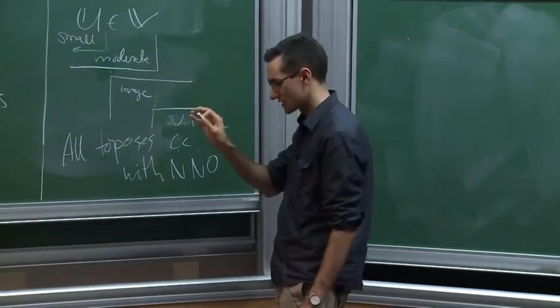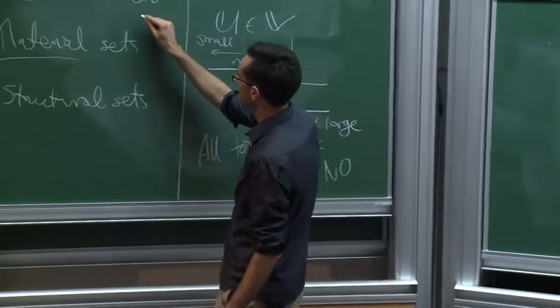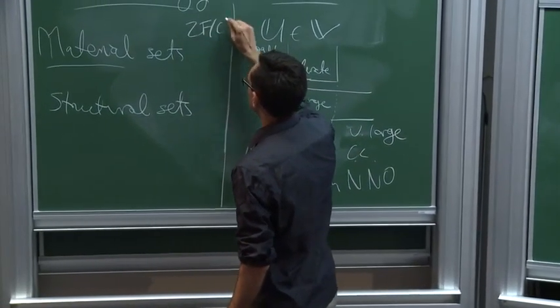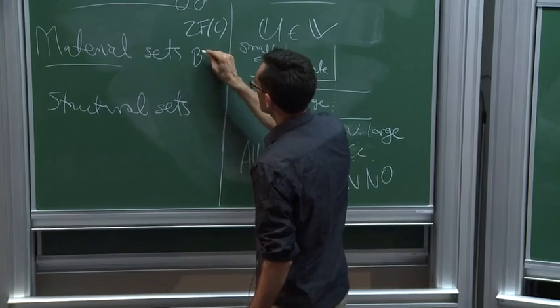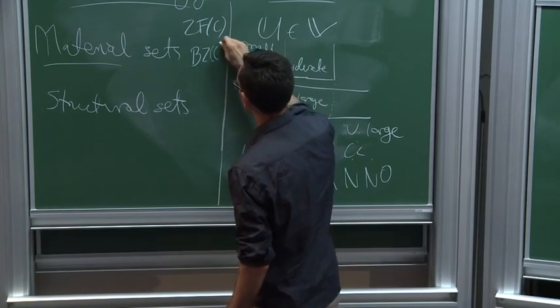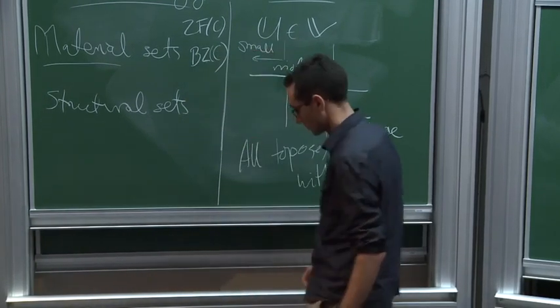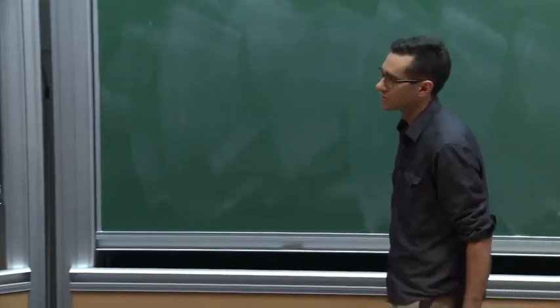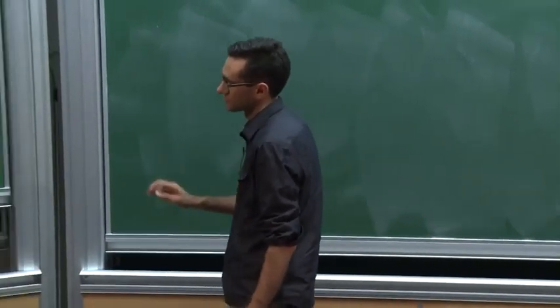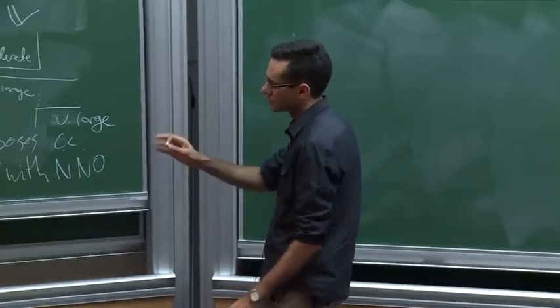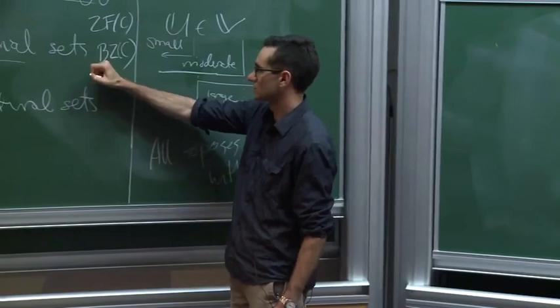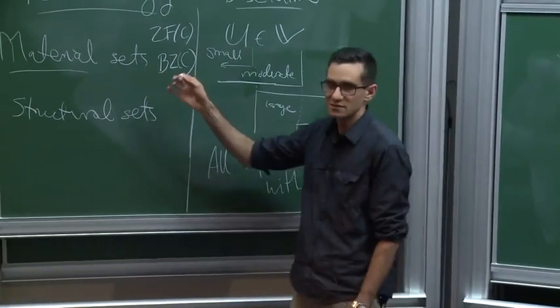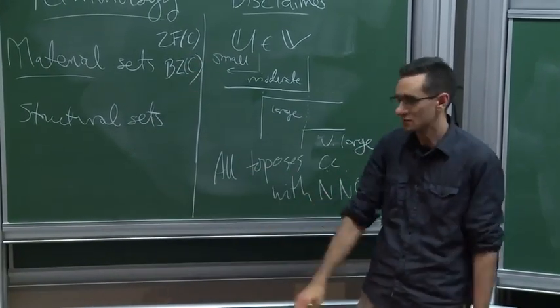So the elements of a set in ZFC, say, C is optional, or bounded Zermelo set theory with choice, optional again. Those who know the history of this area, this one turns up a lot when talking about topos theory. These are material sets. Their elements are sets too, which are objects of the theory.